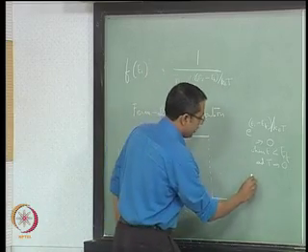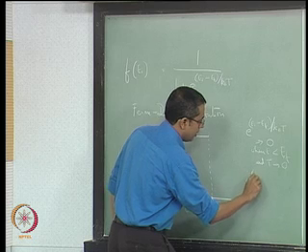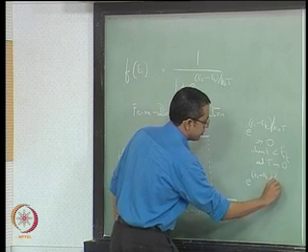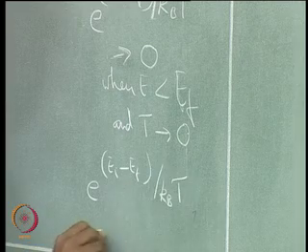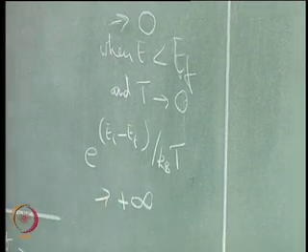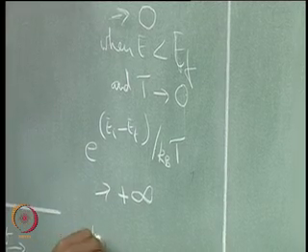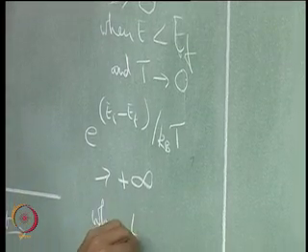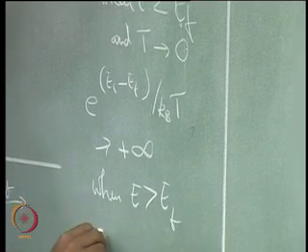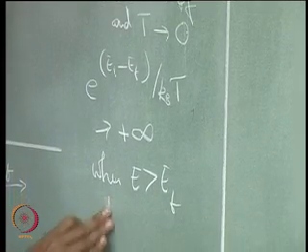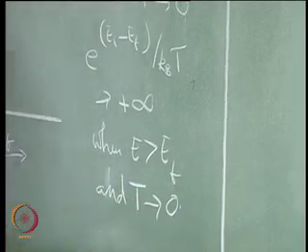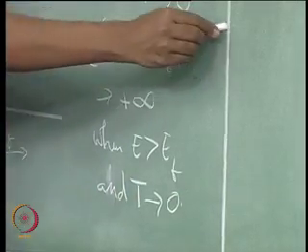So e power (E minus EF) by kBT tends to plus infinity. So we have seen these two cases here.